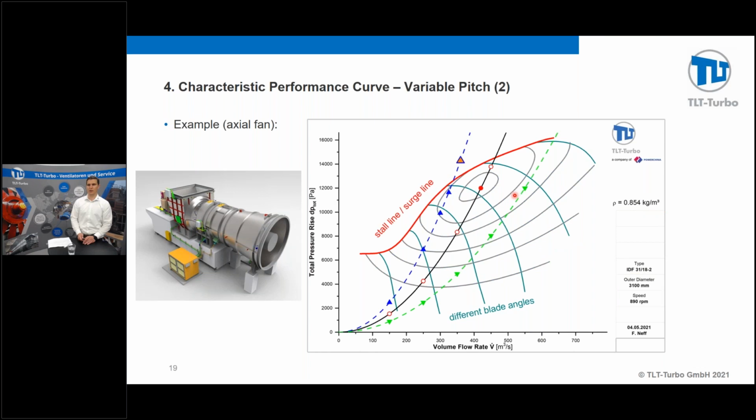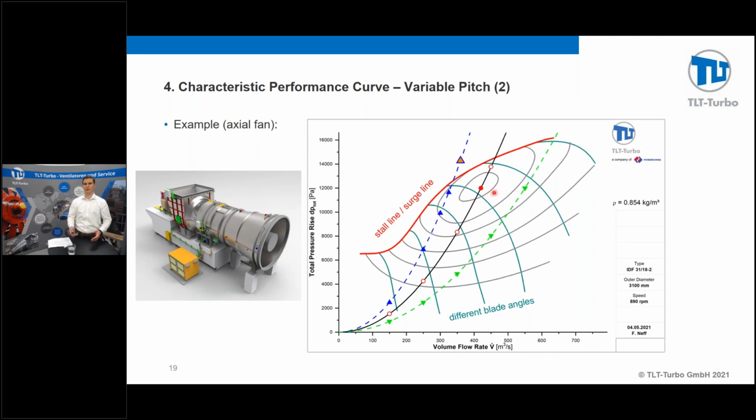And now coming back to the question, how can the fan deal with changing resistance or operating conditions? Well, if you, for example, are interested in this kind of volume flow rate here, the value might be something about 400, and the resistance curve is like this, the black one, then it's this kind of blade angle.